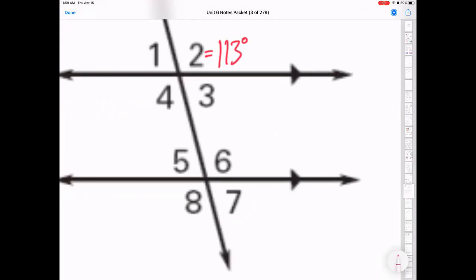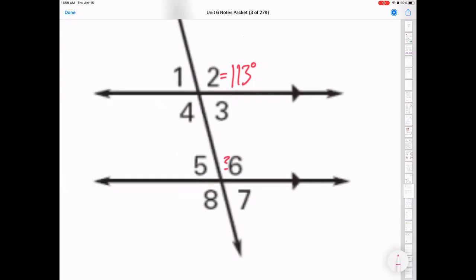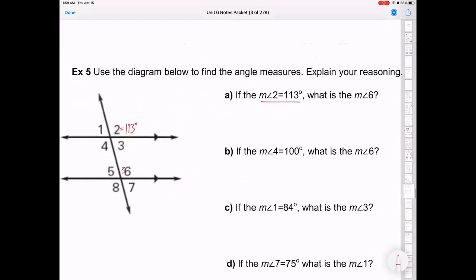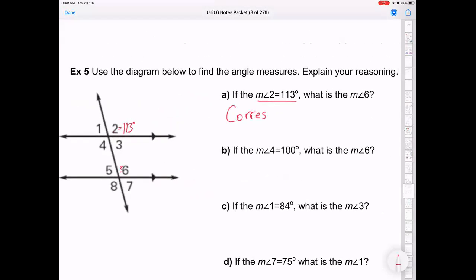Then it's asking, what is angle 6? Those two angles are corresponding with one another, so those are corresponding angles. They're on the same side of the transversal, one on the inside and one on the outside.